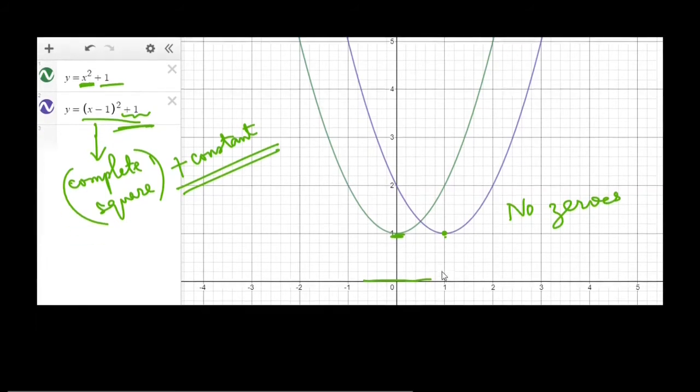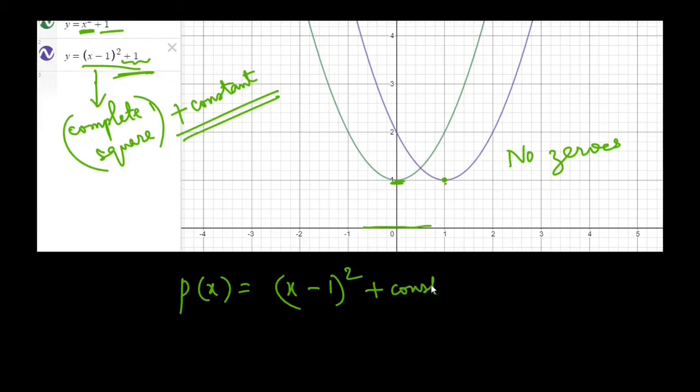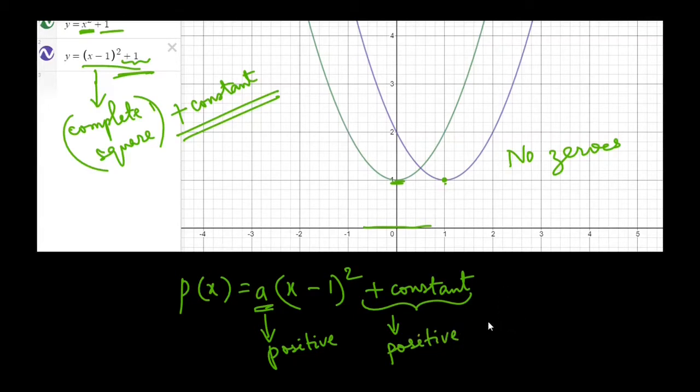So what do we observe here? When we have a polynomial in this way, a complete square plus some constant, that means the value of the constant is positive. When a here is positive, and the constant here is also positive, then no zeros.